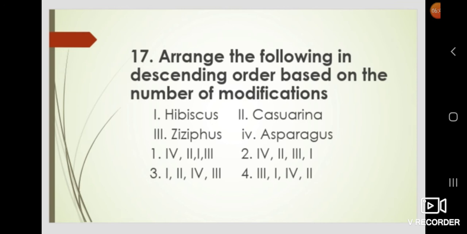17th question. Arrange the following in descending order based on the number of modifications. Hibiscus, Casuarina, Ginkgo, asparagus.